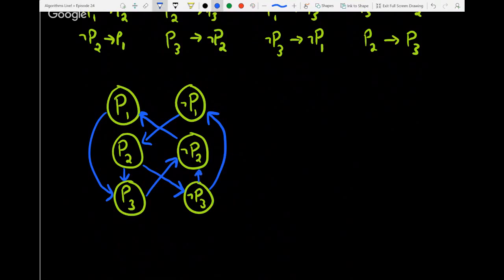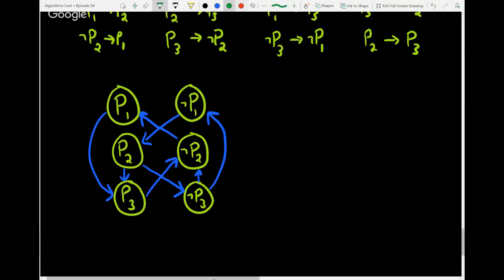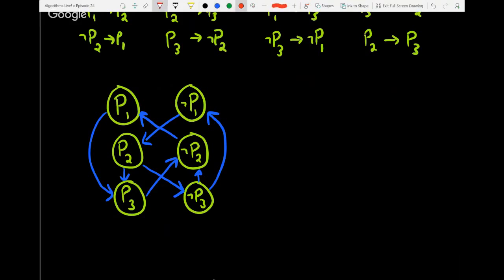That's probably better. Okay, so what you'll notice with this graph is if I take not P1, I can follow a chain of implications. Let's use a different color, we'll do red. We'll start here and follow the chain of implications here, here, and then you get to P1.